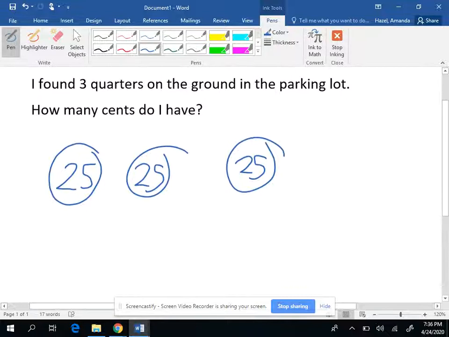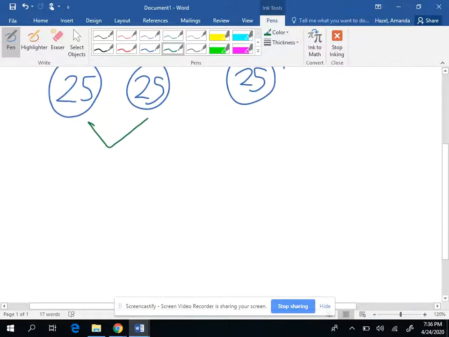Okay, so I probably can't count by 25s. So I'm going to add these together. I'll start with 25 plus 25. 25 plus 25.